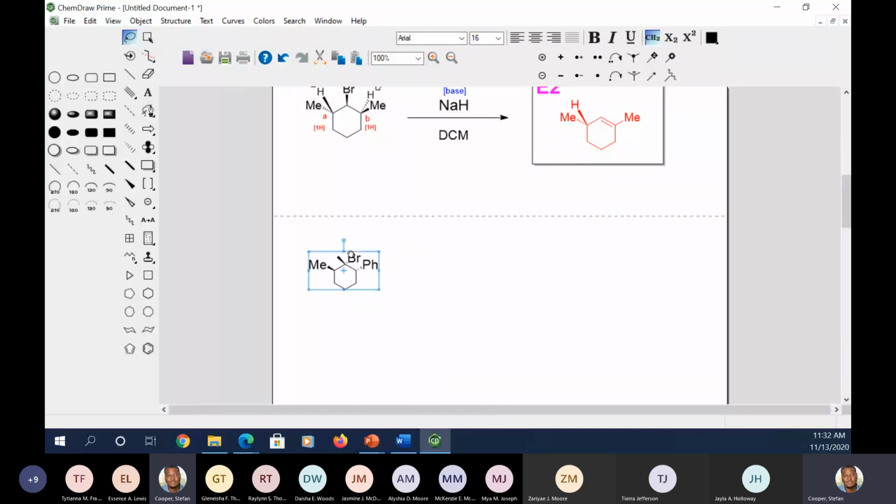Trying to see if I can make this a little bigger. This is looking weird today. I want to change that right quick so I get the problem I want. I'm going to take this compound.